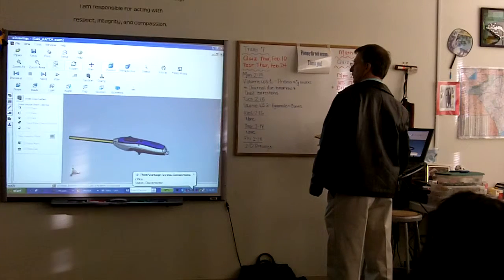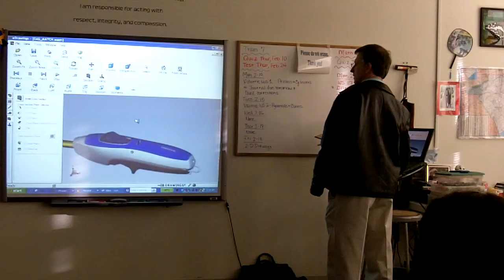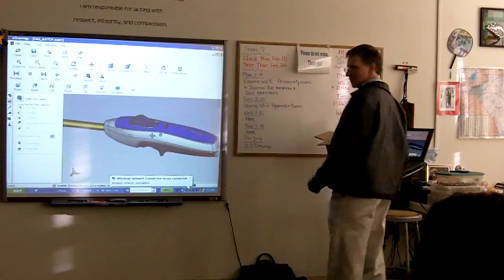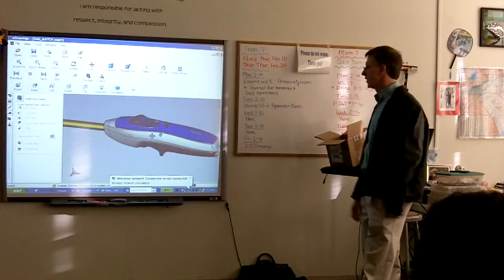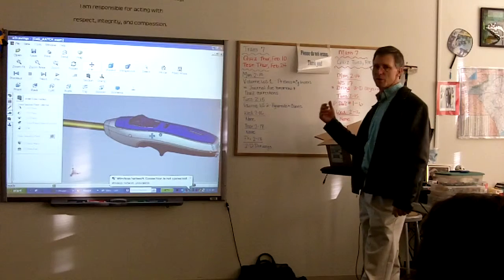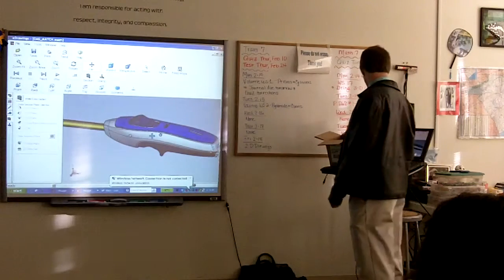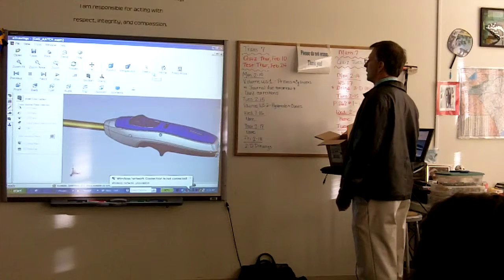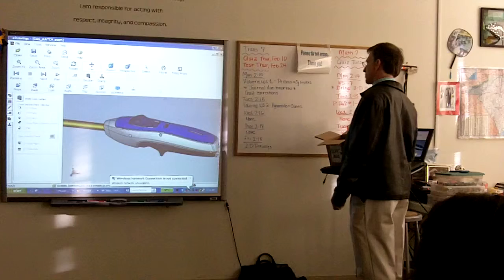It's called eDrawings, and I gave Mrs. Williams a link to where you can download this as a free viewer, and I gave her the databases for a couple of the things that I passed around. I forget which two they were, but anyway, you can download the software if you're interested, and you can take these databases and open them up. Although you can't draw anything, you can at least look at them. You can get a sense for how these work.